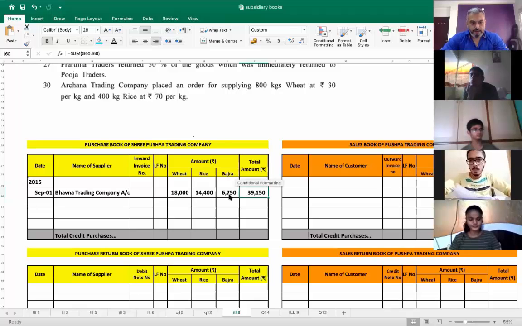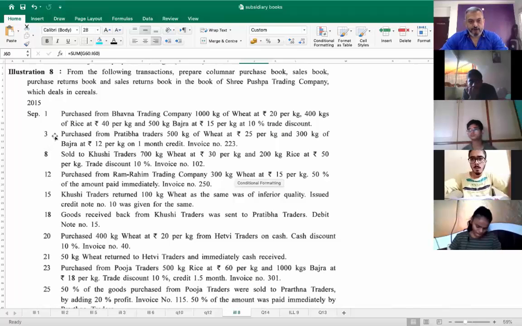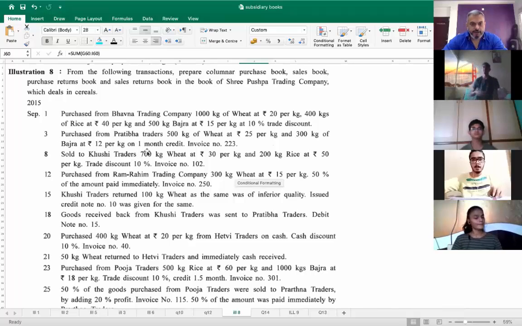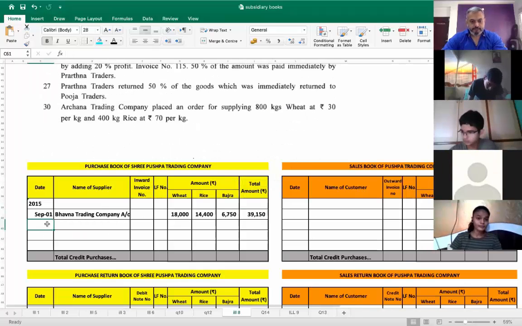Now, let's go to the next one. September 3rd, purchase from Pratibha Traders 500 kg of wheat at 25 per kg, 300 kg of bajra at 12 per kg on 1 month credit, invoice number 223. So purchase book, September 3rd. Name is Pratibha Traders. Bill number 223.